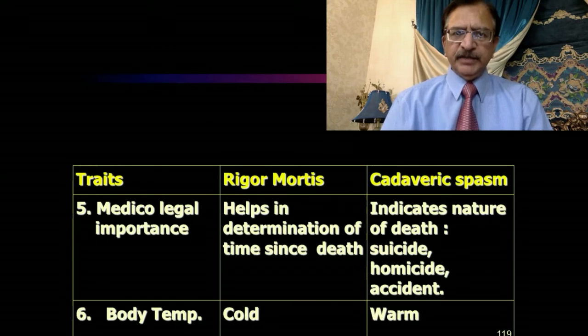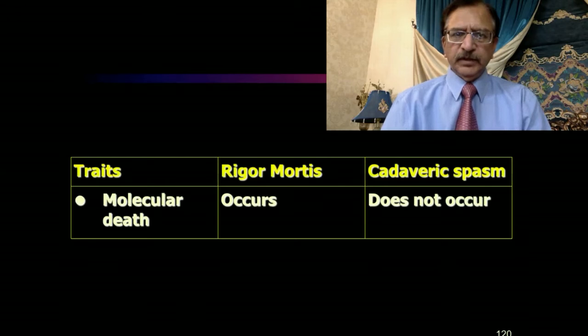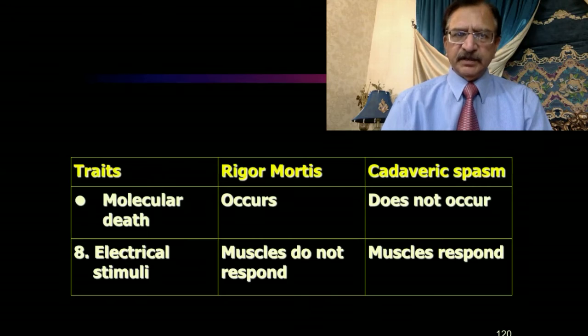Then the body temperature: in rigor mortis, the body is cold, but in cadaveric spasm, the body is still warm for the initial 2 to 3 hours, because only a group of muscles, maybe the forearm or the hand, has gone into spasm. Then molecular death occurs in rigor mortis; in cadaveric spasm, it does not occur.